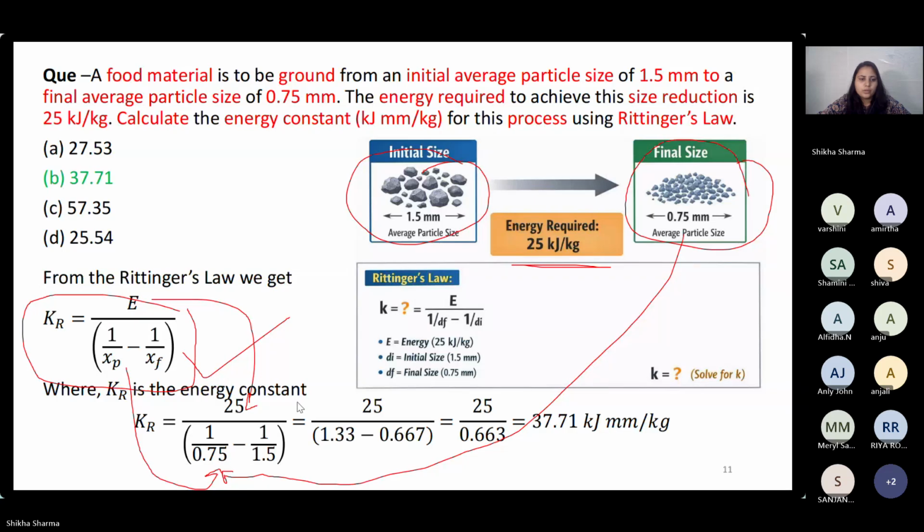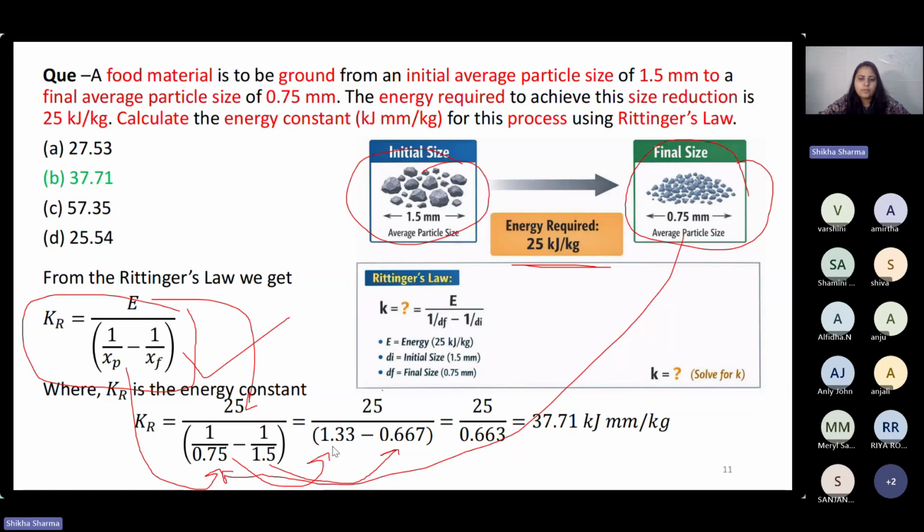So it will be equal to 25 divided by 1 upon 0.75. So 1 upon 0.75 will be 1.33, minus 1 upon 1.5. So 1 upon 1.5 will be 0.667.